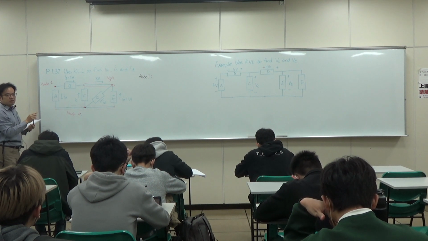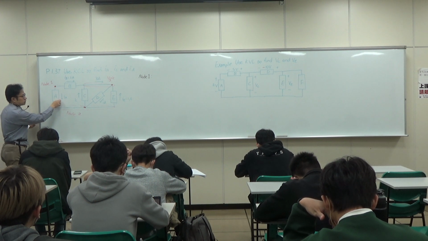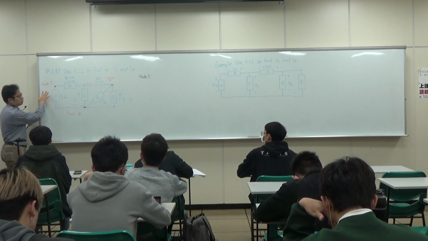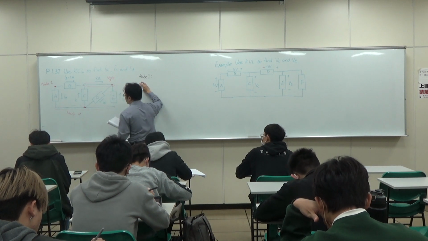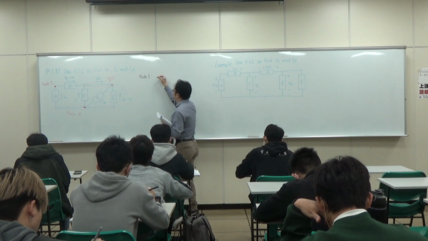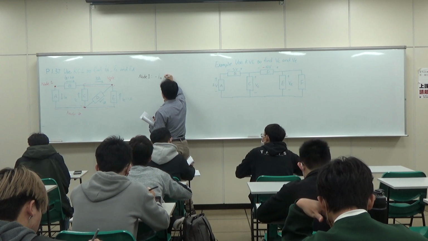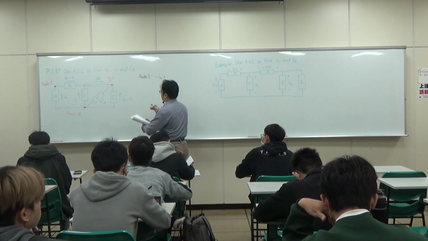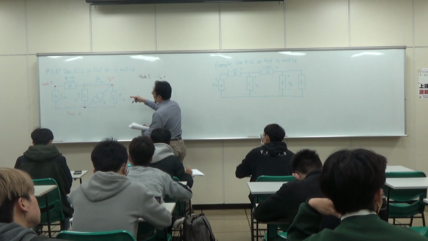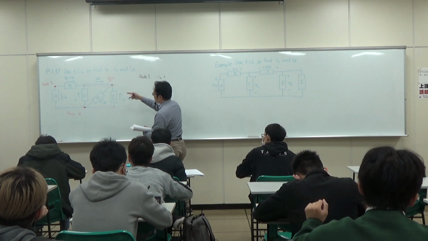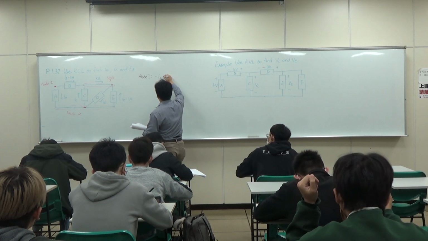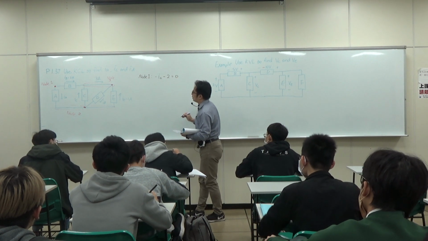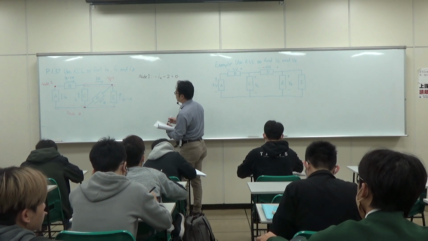So if we use this definition, and if this current is flowing out from node 1, we need to say this is minus IA. Okay, so if we follow this definition, for node 1, we can get one equation. So it's minus IA plus the summation of current entering a node is 0. So entering is positive, leaving is negative. So leaving, minus 2A.